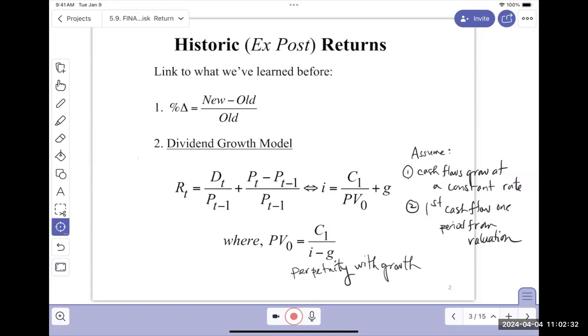So notice, how do I relate this formula to this formula? Well, if the first cash flow is one period from valuation, I'm going to call this C1. This continues, like this is just for one period.